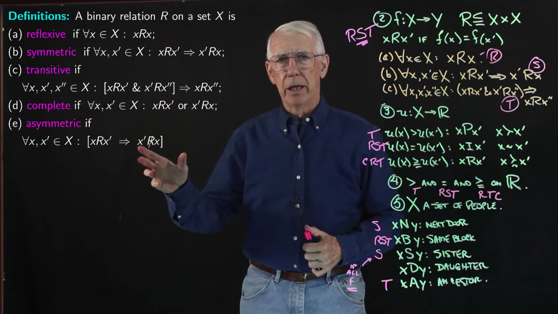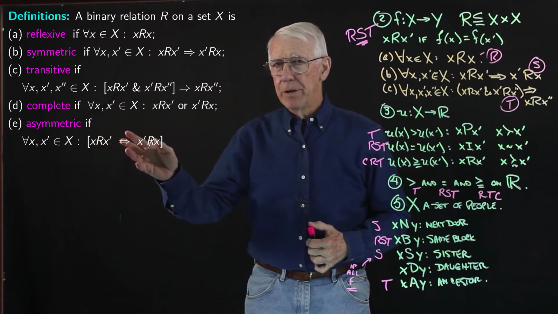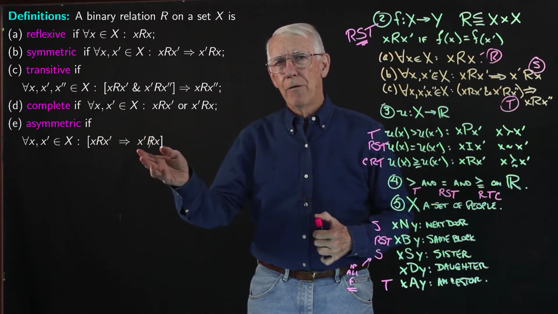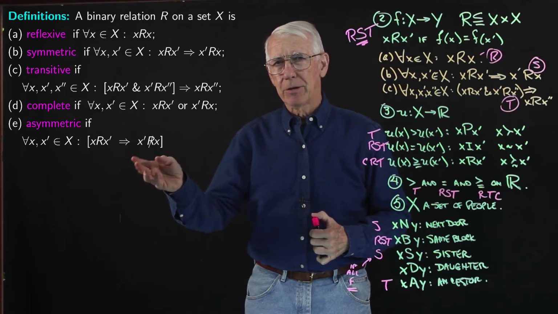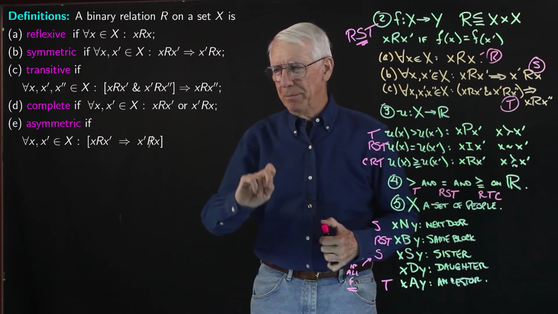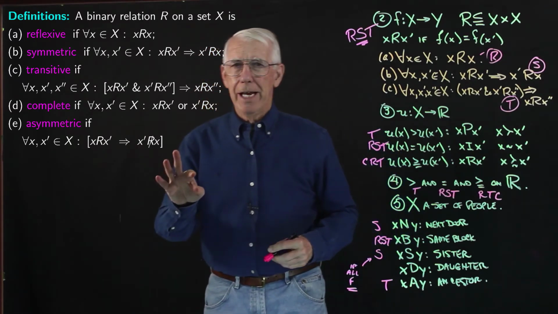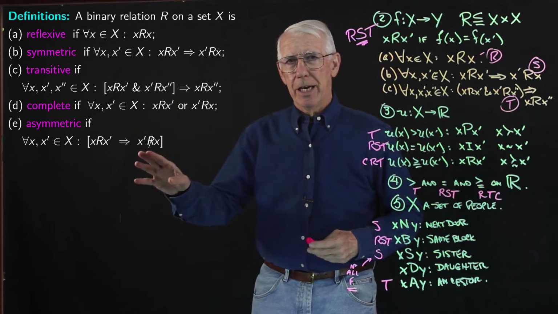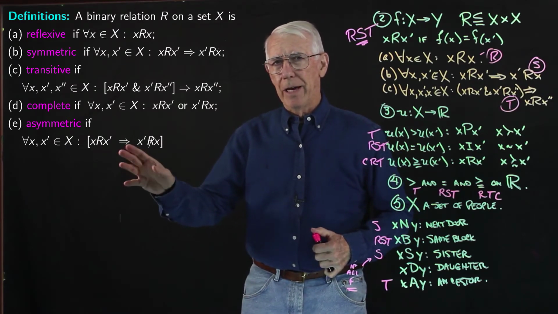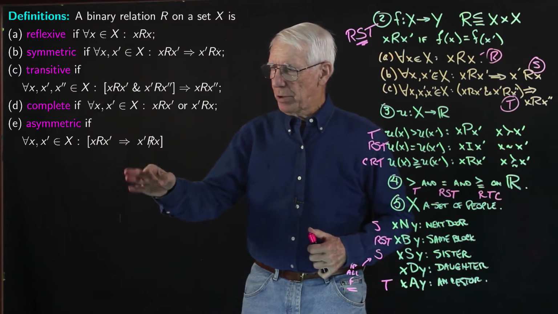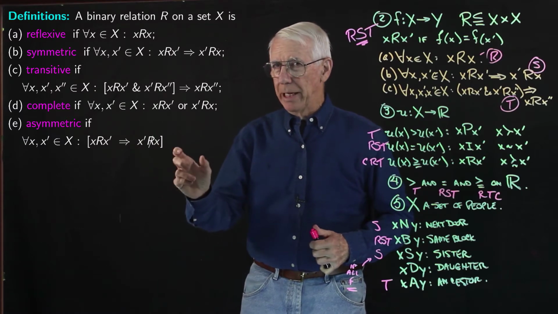Our next property is asymmetry. We say that a relation's asymmetric if this implication here holds for every pair of elements x and x prime, but you'll notice there's a new symbol here. What we want to say is that the relation's asymmetric if it's always the case that if x is related to x prime, then x prime cannot be related to x.